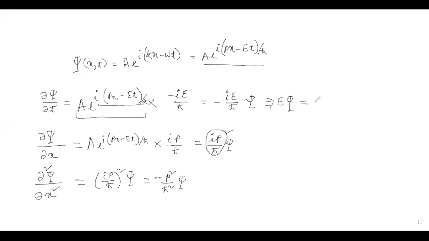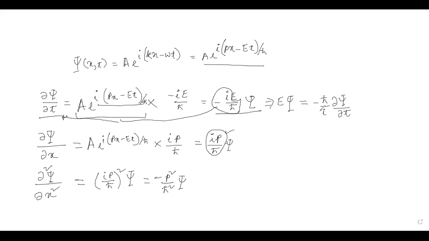So if I take minus i by h bar, first it should be minus h bar by i times del psi by del t. So E psi equals minus h bar by i del psi by del t, because we have this on the right hand side and this on the left hand side.